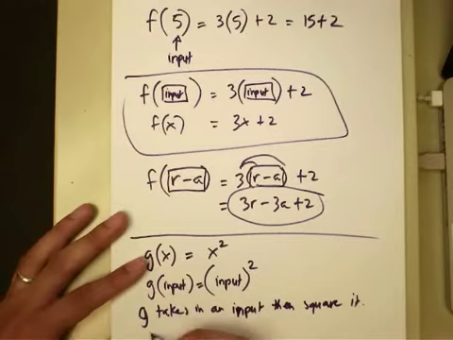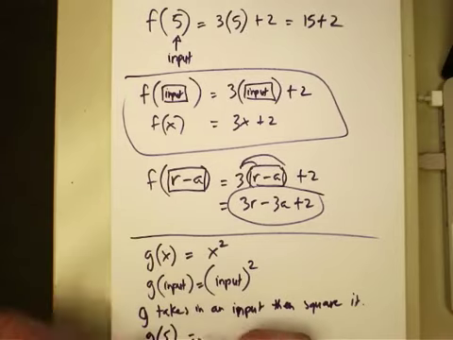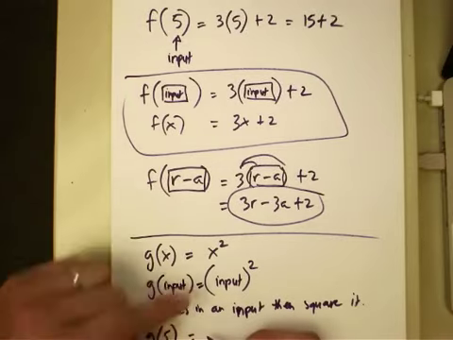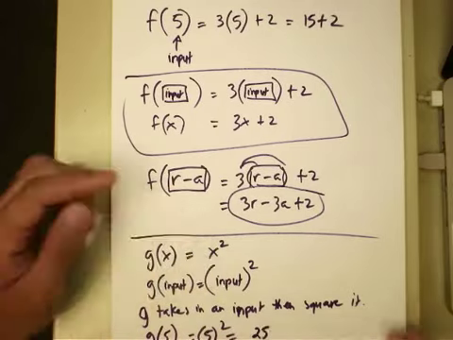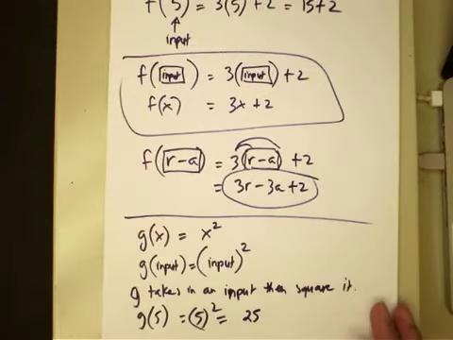Now if I give G a 5, it takes that 5, plugs it in here, and squares it, which gives 25. Very simple, as you can see.